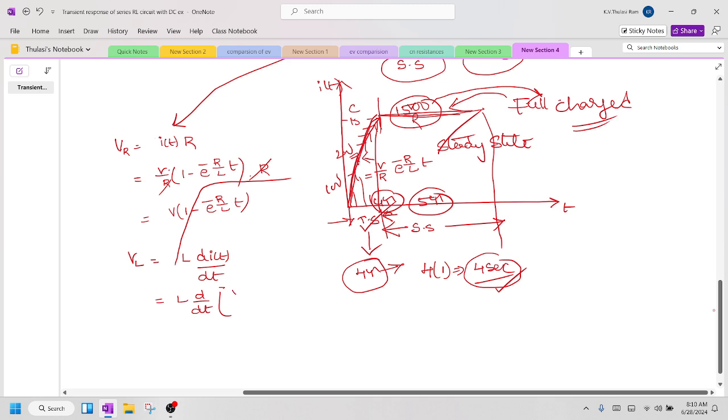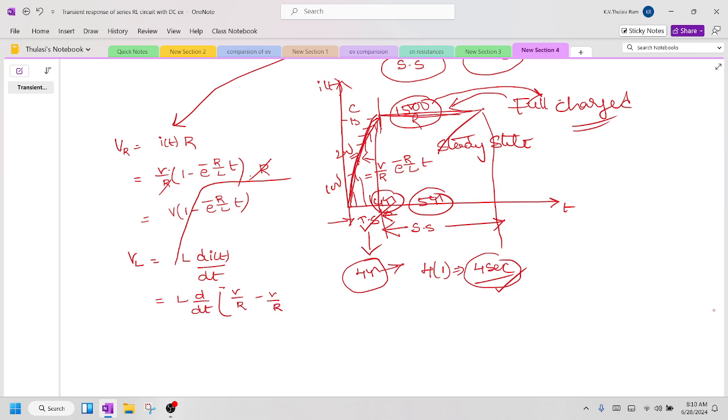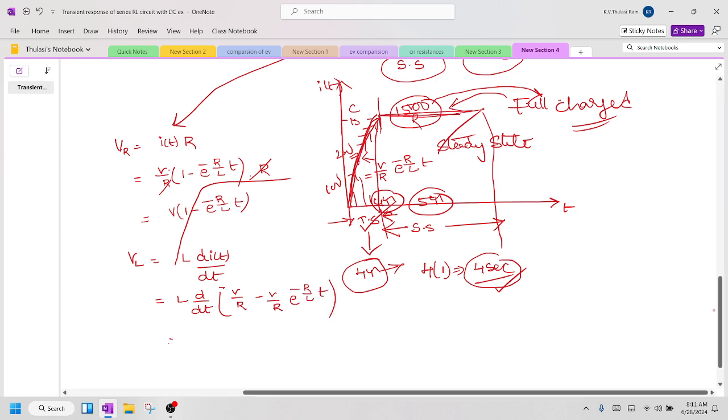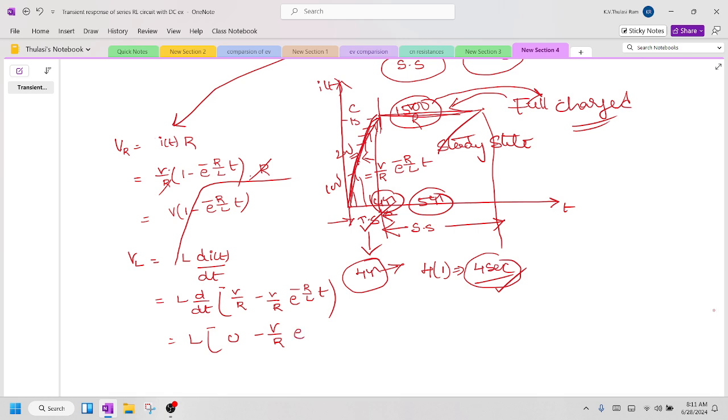We have got it as V by R minus V by R e to the power minus R by L into t. When you differentiate it, differentiation of a constant is 0. Differentiation of this term is V by R, and differentiation of e to the power x is e to the power x into the differentiation of the internal term, which is minus R by L into 1.